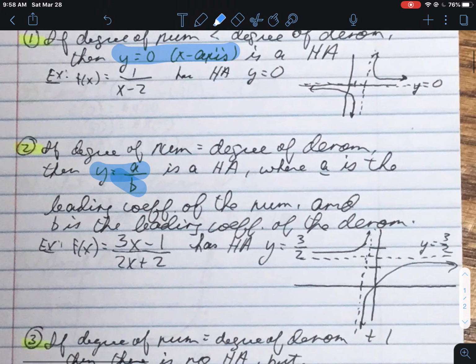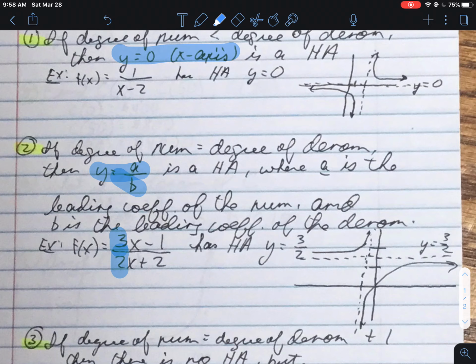So for example, f of x equals 3x minus 1 over 2x plus 2. Since the numerator and denominator both have degree 1, then I look at the leading coefficient of the numerator and denominator. That's your a and b values. So the horizontal asymptote here would have the equation y equals 3 over 2.